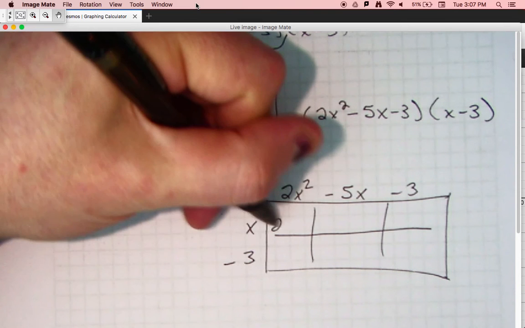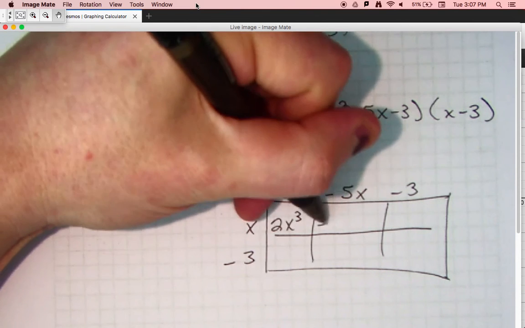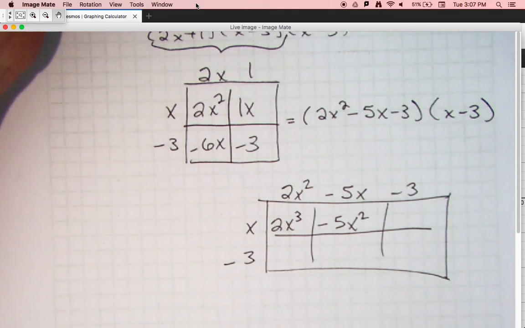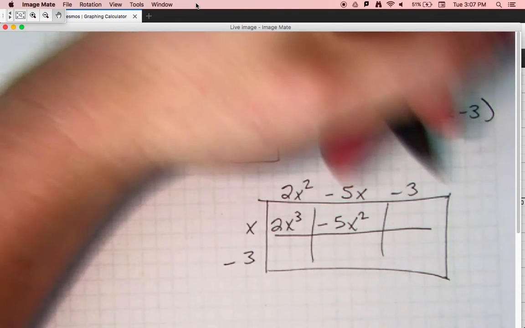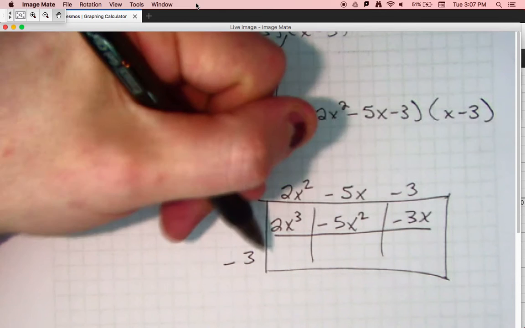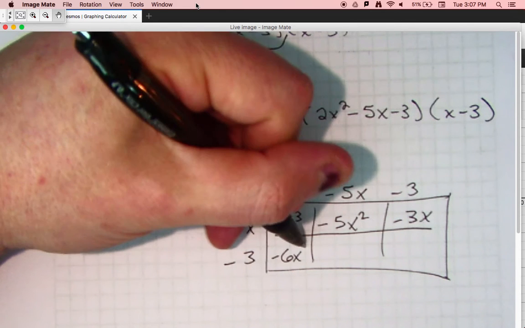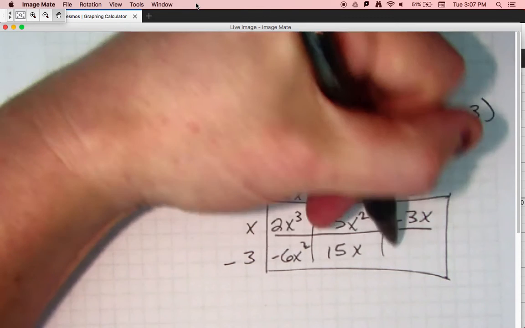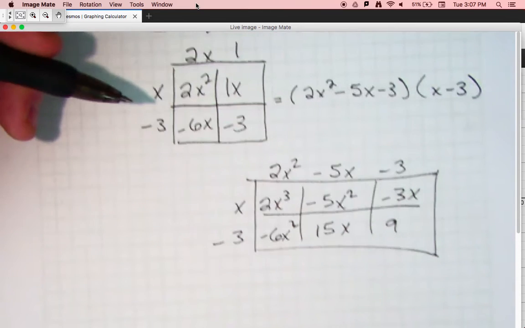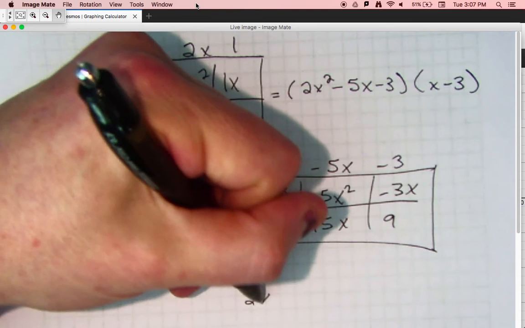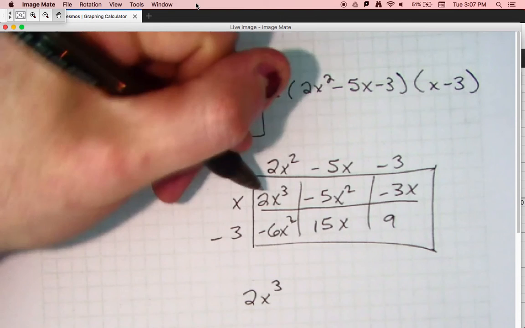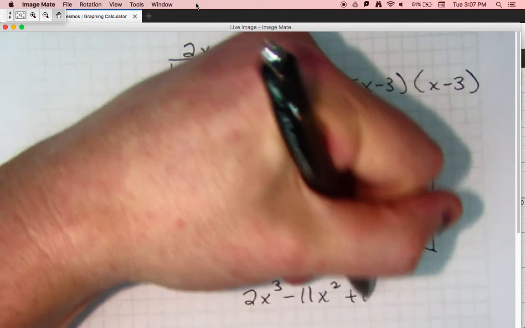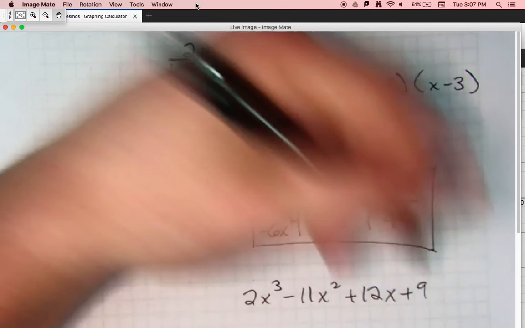So 2x cubed, negative 5x squared, negative 3x, negative 6x squared, 15x, and 9. Clean that all up, we get 2x to the third minus 11x squared plus 12x plus 9.